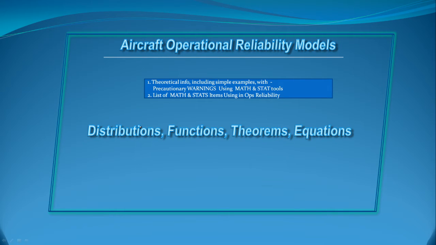As I said, I'm planning to create standalone presentations, but here we can still identify some general filters to minimize mistakes or errors or just ambiguity when we are using all these distribution functions and theorems.